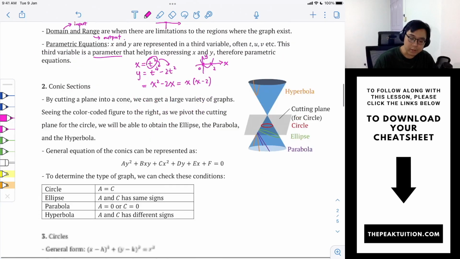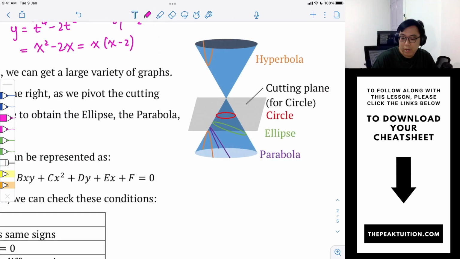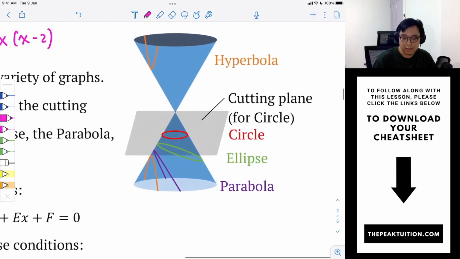Next, we have conic sections. A conic section is one entire class of functions that are basically cut out from a cone. This is very cool, okay, maybe not so cool because it's quite difficult, but basically from this cone shape, we are able to obtain 4 different types of graphs, all of them originating from the same family.